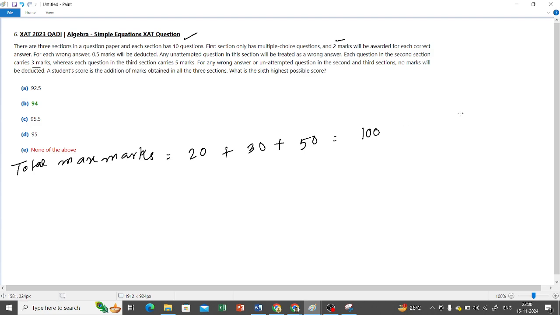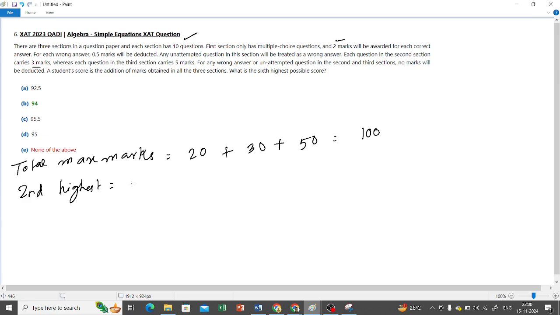Now that means this is the highest. Now what is the second highest? See, second highest can be that one question is wrong in section A, because if a student makes a question wrong in section A or does not attempt a question in section A, then he loses the minimum amount of marks, which is 0.5. Okay, subtraction.